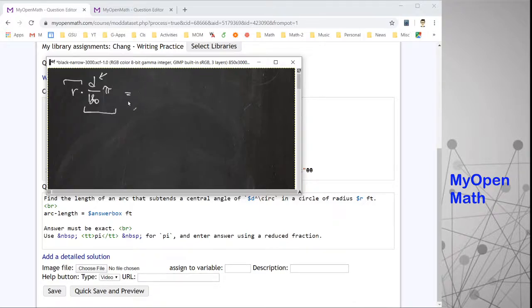If you have to write this answer nicely, you probably want to simplify this number to a reduced fraction and then write it right next to it. And that's what we are going to do in the next part using the make reduced fraction command.